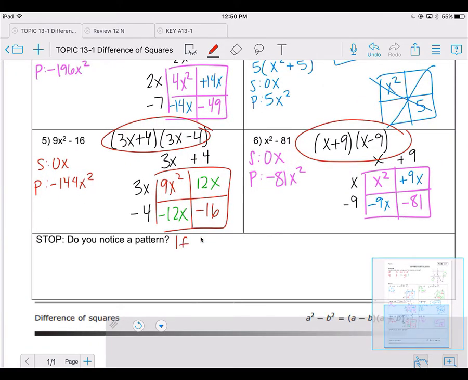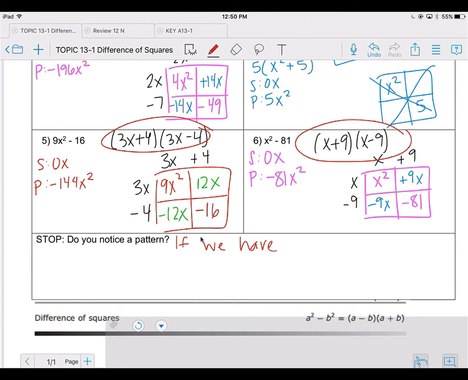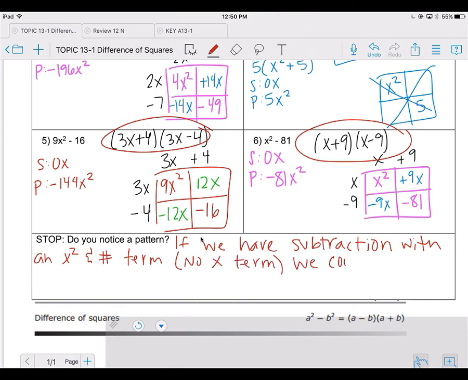So, if we have a subtraction with an x squared term and a number term, so there's no x term, we could take the square root of both terms and make one positive and one negative.